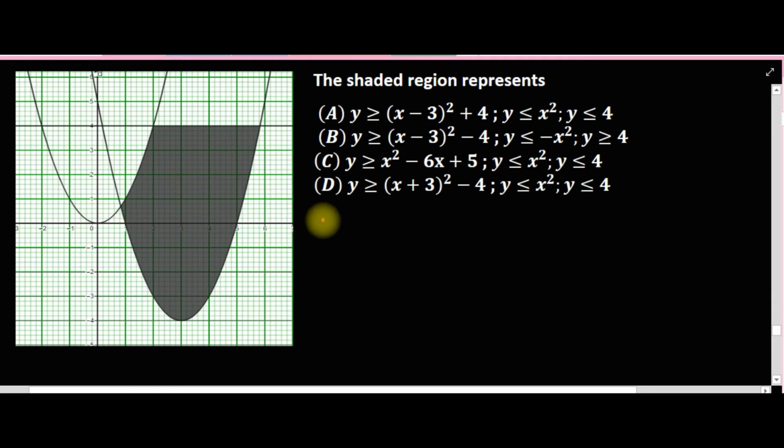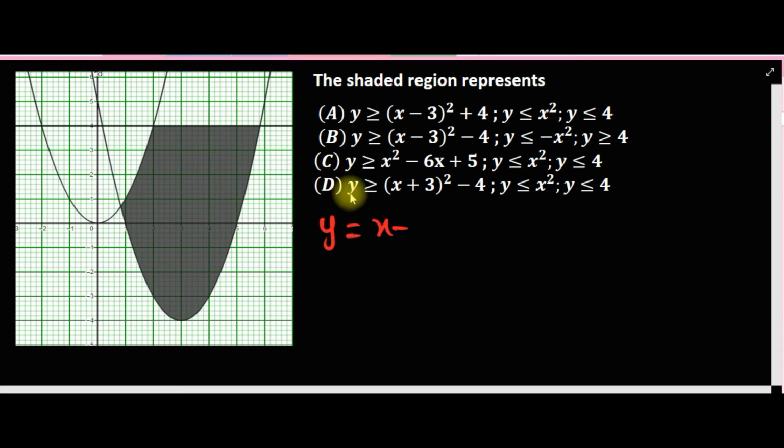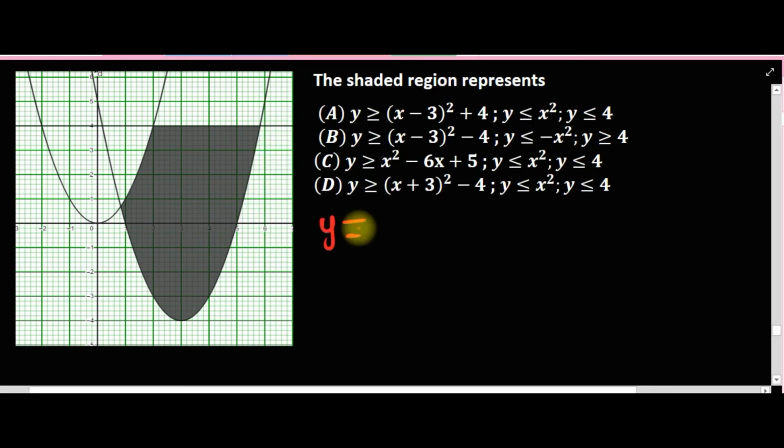So I'll use y equals a(x minus h) squared plus k.